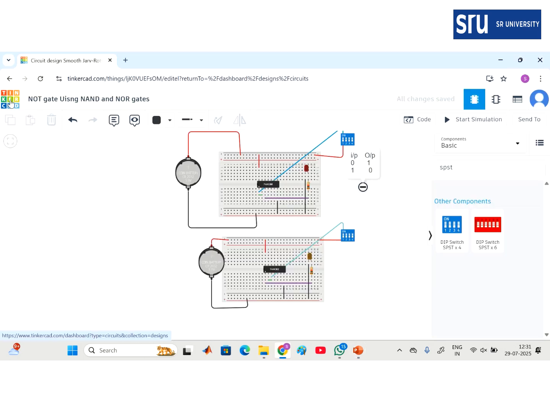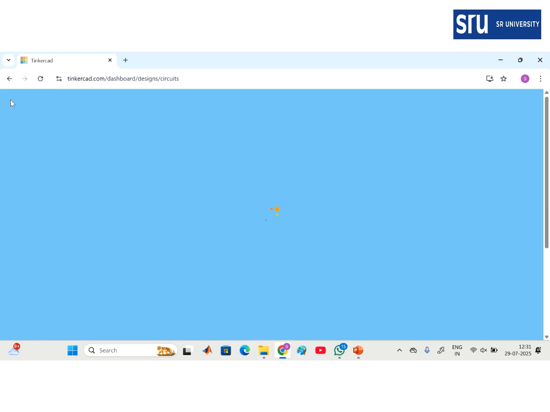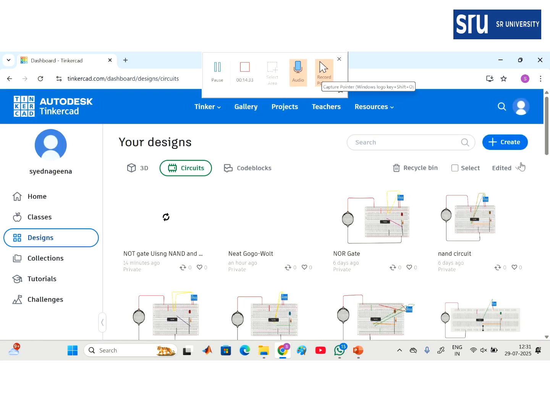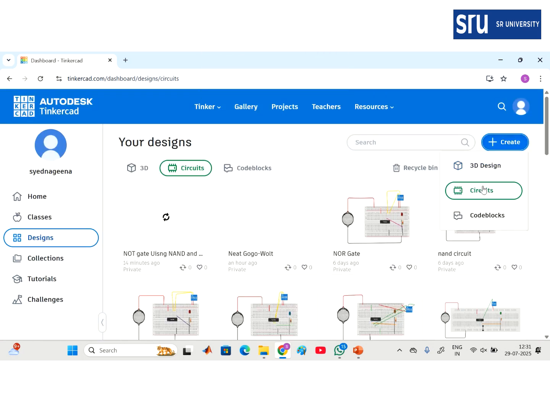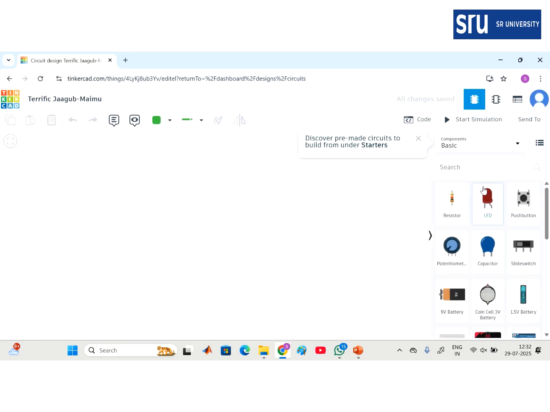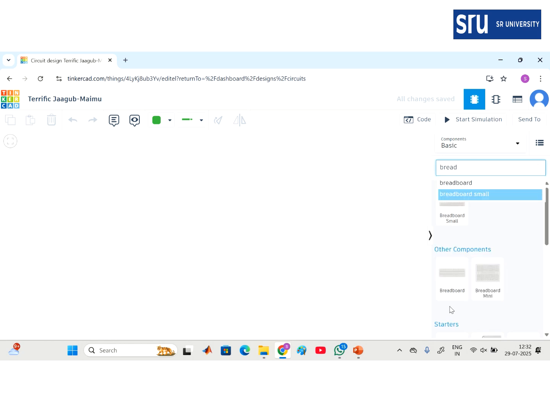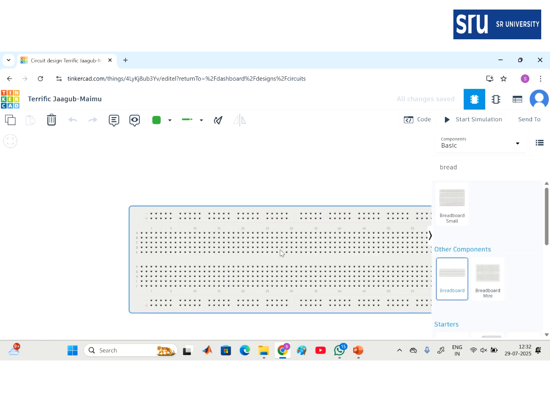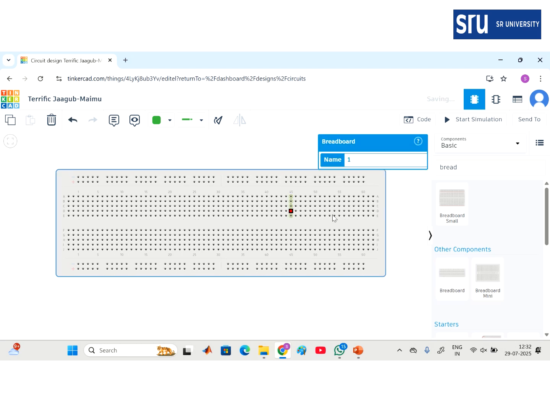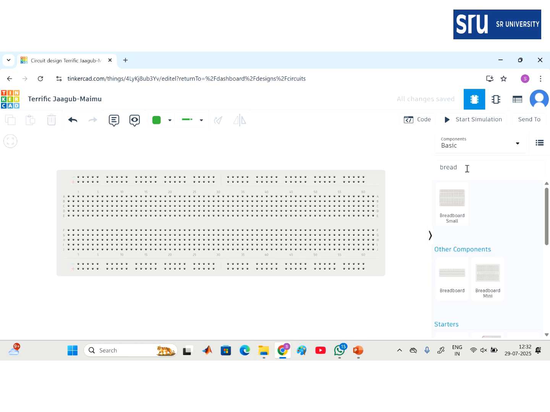This is a previous circuit, not yet using the NAND gates. Here I need to clear it, and I am taking one more new circuit. In the new circuit, let us begin with the basic breadboard. I am using a large breadboard.